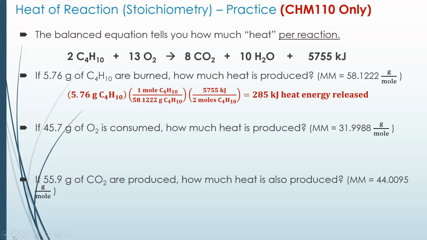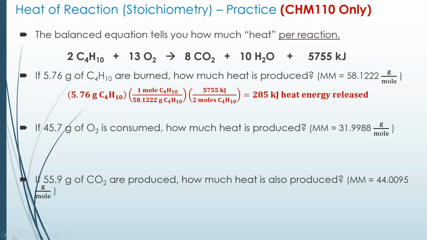We put kilojoules on the top. And then we look at our equation and see, oh, it's 5755 kilojoules. It's 2 moles of butane. We plug that in. We do our math with our calculator. And we see we get 258 kilojoules of heat released. This is a significant amount of heat, but obviously much, much less than the 5,755 that you would get with 2 whole moles of butane.